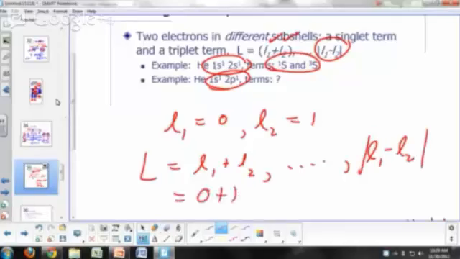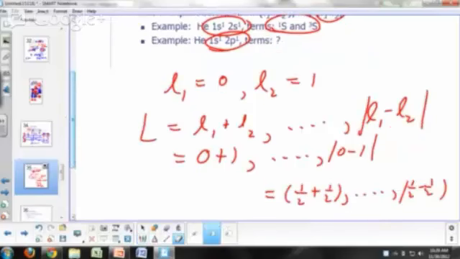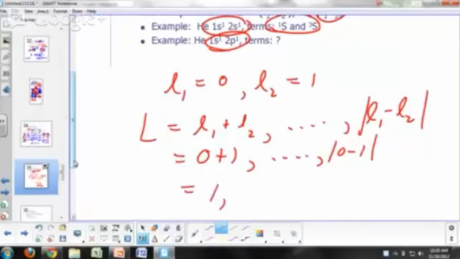So 0 plus 1 all the way down to absolute value of 0 minus 1. So that gives us 1, and that's it. 0 minus 1 is 1. Okay, so you can only get L equals 1. So what kind of term can you get here? You get a P term.